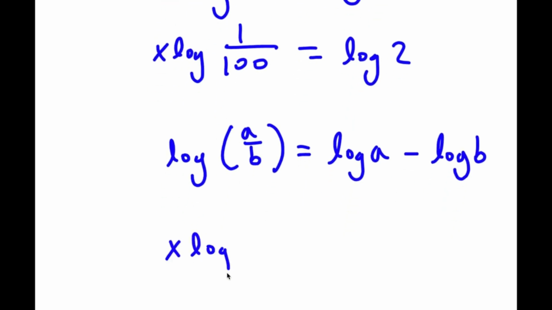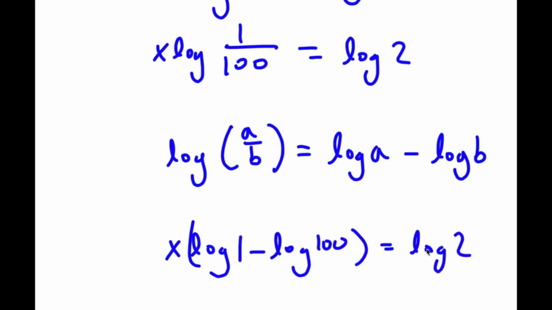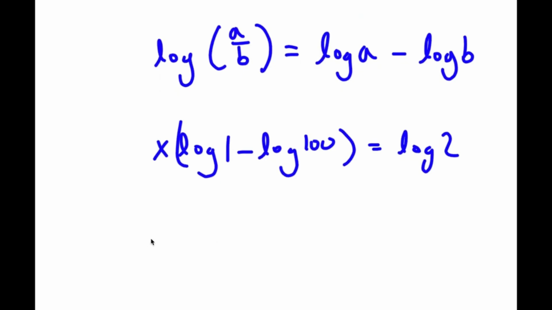I can rewrite this as x times (log 1 minus log 100). This is equal to log 2. So now, log 1 is simply equal to 0, and log 100 is simply equal to 2. So I have x times (0 minus 2) is equal to log 2.